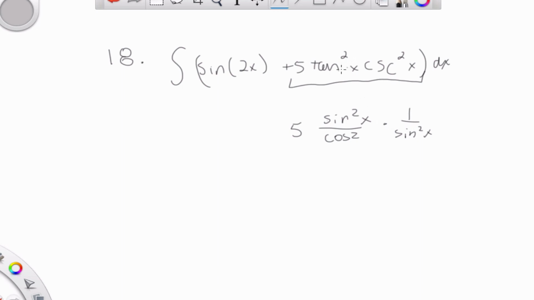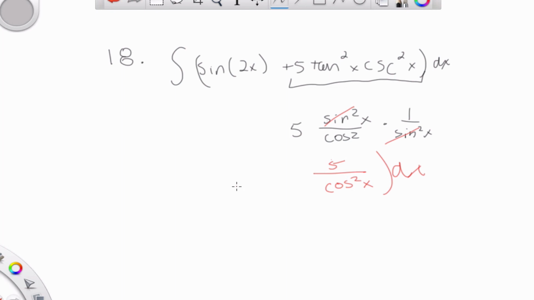That's really the key to this whole problem. The rest is just cleaning it up, because you can clearly see that sine squared x is going to cancel. So now I'm left with 5 over cosine squared x. Hopefully you can see what's happening with that.